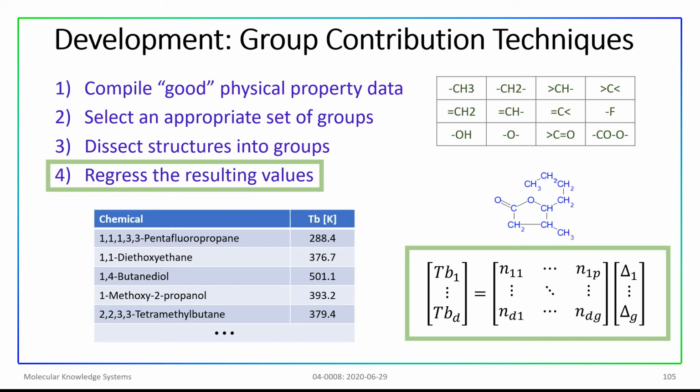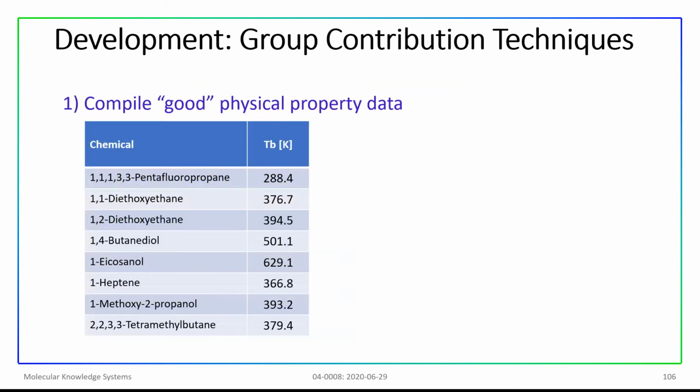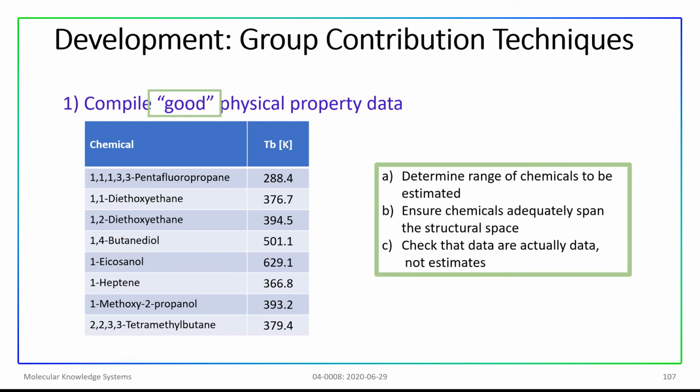To demonstrate these 4 steps, we will go through a simple example. In step 1, we compile good physical property data, boiling point data in this example. This compilation typically involves determining the range of chemicals to be estimated. Do we want to estimate only low molecular weight compounds or only higher molecular weight compounds?